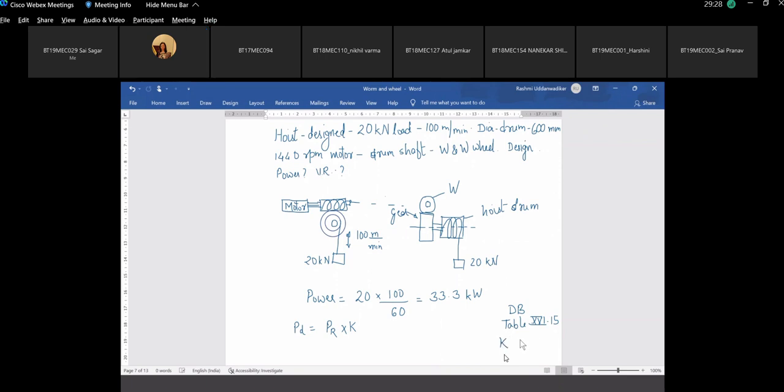Or the value of K, refer table 11.5. As per my data book, this is page number 112. So electric motor is driving a crane or an elevator with the value of K as 1.75.